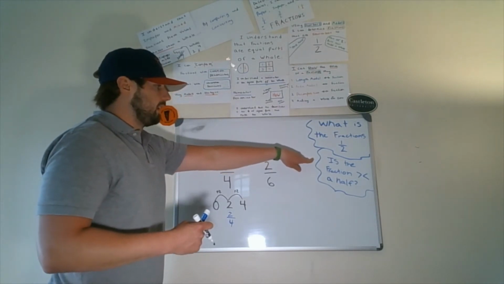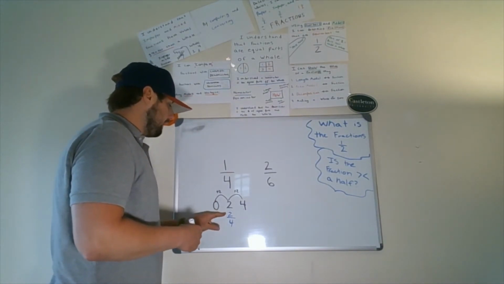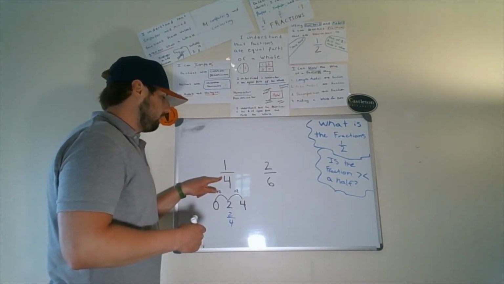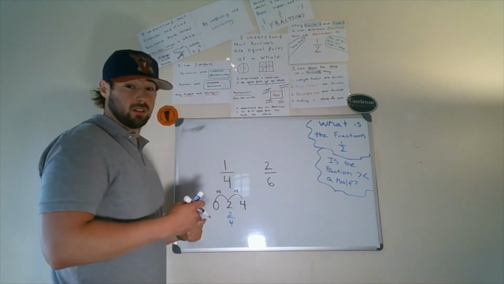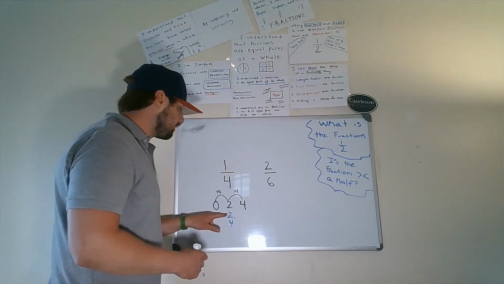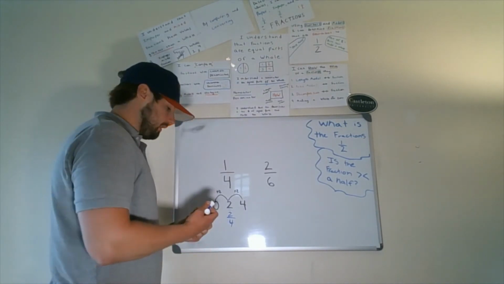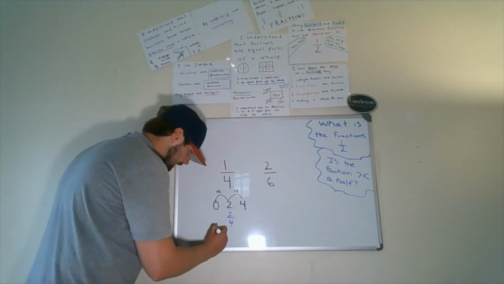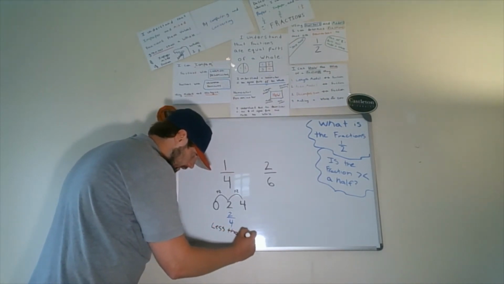Now, I need to think, is the fraction greater than or less than a half? Well, if 2/4 is the half, when we're talking about fourths, and I have 1/4, 1/4 is certainly less than a half. It is 1 part, 1/4 less than a half. It is less than a half.